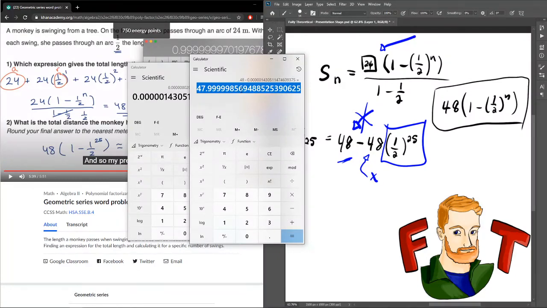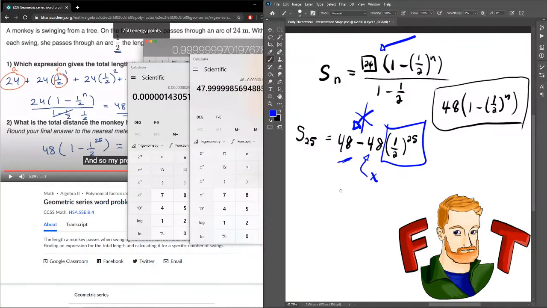So down to the hundred-millionth decimal, it rounds up to 48. So you have to go to the billionths in order to get to a spot where it doesn't round up to 48. So I'm going to call the answer 48.